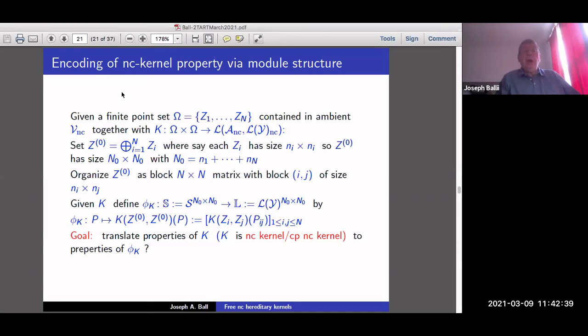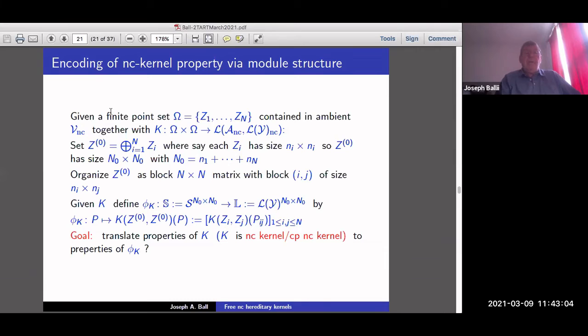Now get back to the decomposability problem. To discuss the decomposability problem for noncommutative kernels, I want to discuss another way of looking at them.